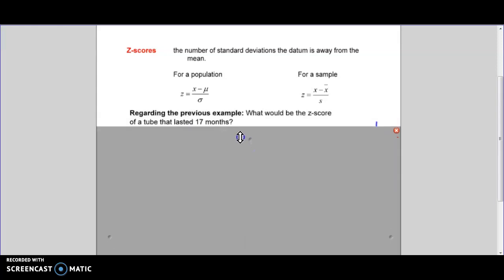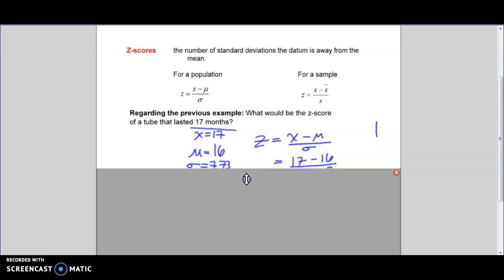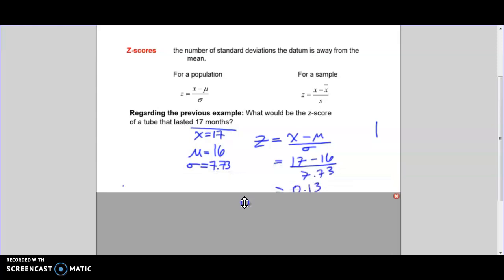Regarding the previous example with the offices and the tubes, what would be the z-score of a tube that lasted 17 months? So let's say one of our data points was 17 months. Figure out the z-score, and because it is a population, we're going to use the mu and sigma notation.